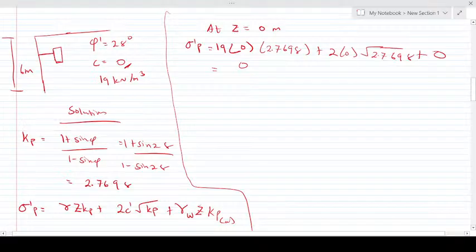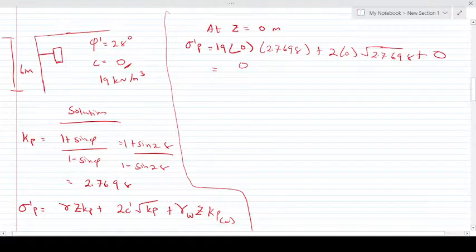So this is a case for a cohesionless soil. So we have 0. Now then we move on to finding, so this is a passive state. There's a passive, cohesionless passive.